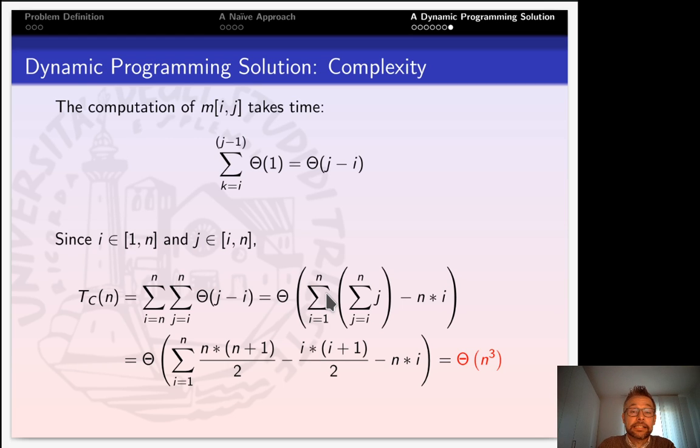So this is it. Now we were able to solve the original problem, which is the chain matrix multiplication problem.